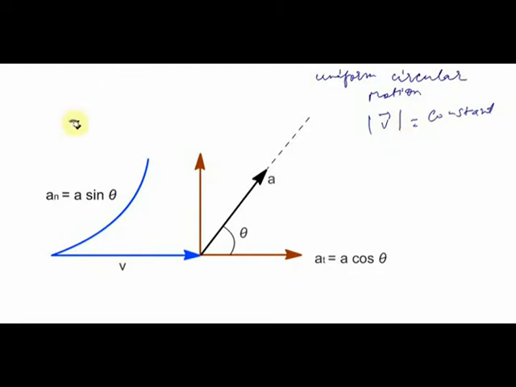So let's say that at time t is equal to t1, the object is at point A, and this is the direction of the velocity vector. Let's say that after some time t is equal to t2, the object is at point B. So here the direction of velocity vector would be tangent to the circle at this point, that is along this direction.